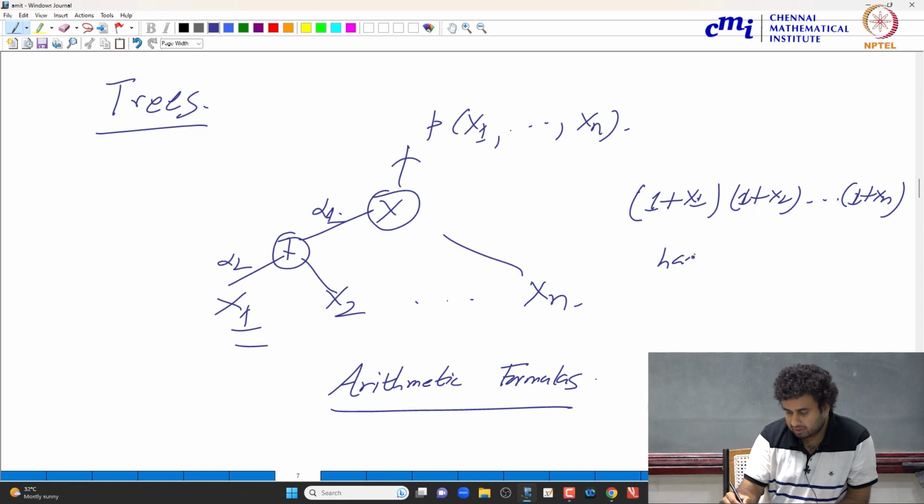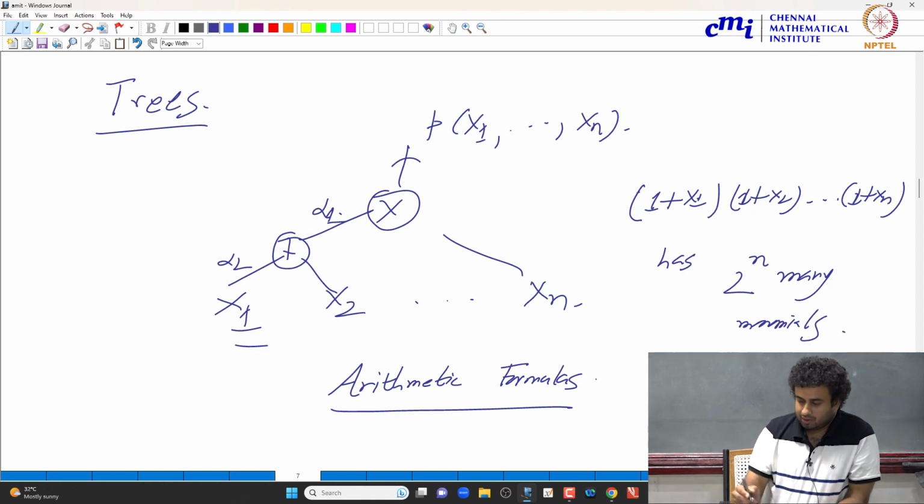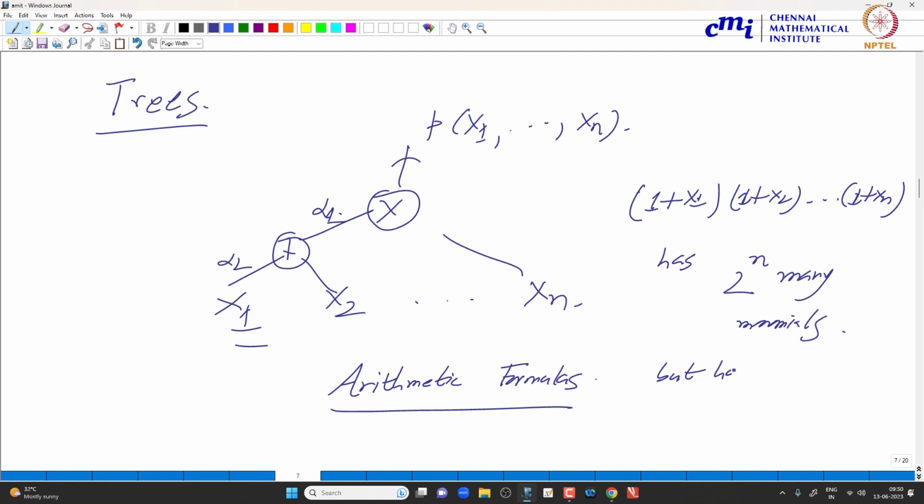It has 2 to the power n many monomials. But to write it as a tree, it will require only order n size. It has an order n size arithmetic formula.